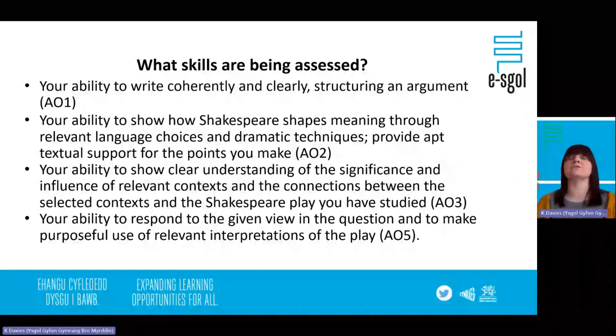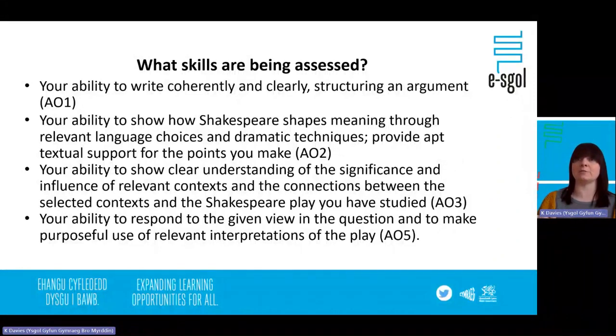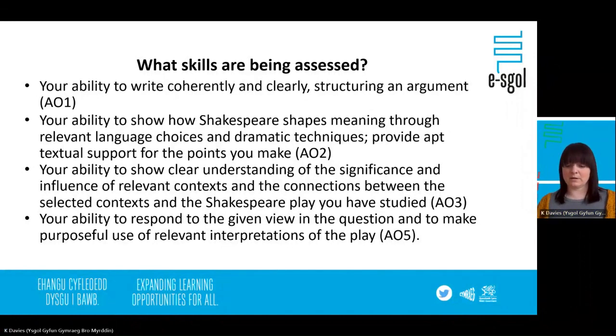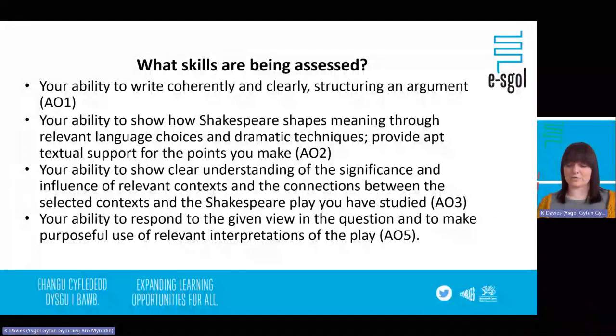It forces you to consider a specific view, and it also forces you to consider it in light of the relevant context, okay? One thing that we need to be really careful with regards to our AO5 is this sense of using this tentative language, okay?